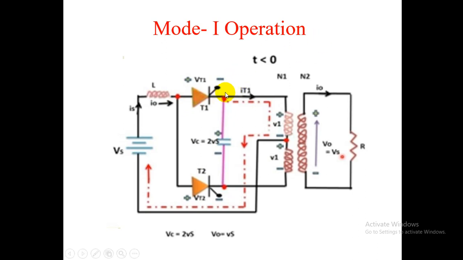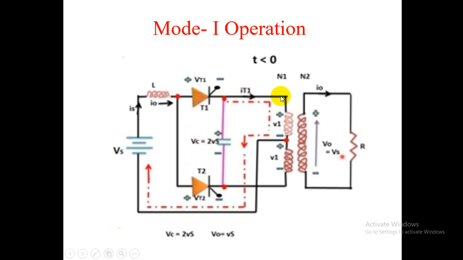There is one more node here connecting the capacitor, and current tries to pass through the capacitor also, but there is no path for the current to flow through the capacitor. If current tries to pass this way, it must go this side to get a closed path, but T2 is in off condition, so there is no current flowing through the capacitor.